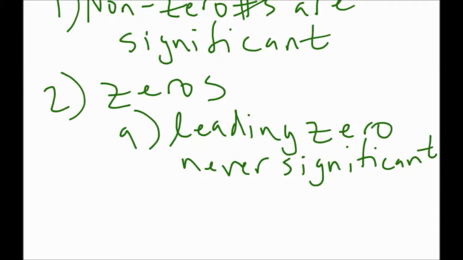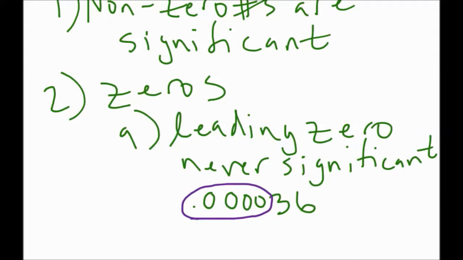An example of a number with leading zeros is 0.000036. All of the numbers that appear before the non-zero numbers are called leading zeros. These are not significant. So if we were looking at how many sig figs 0.000036 has, we would say that this has two significant figures in it. And those are those two non-zero numbers.